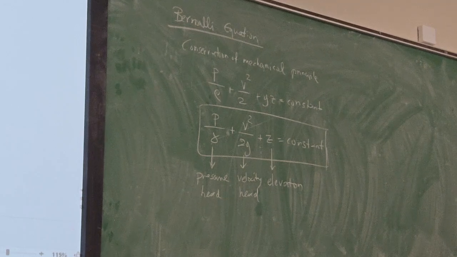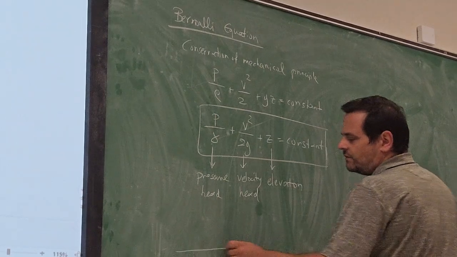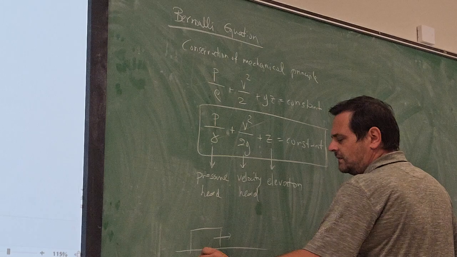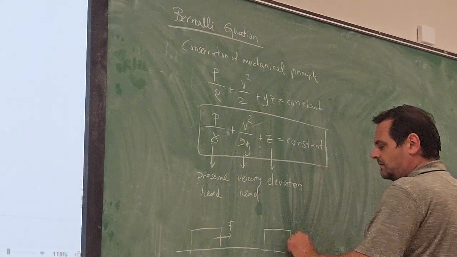So now, in terms of how to apply the equation, and that's important. So we apply the equation along the streamline, okay? And let me make the analogy. In physics 211 or dynamics, let's say you have an object here, you apply a force here.